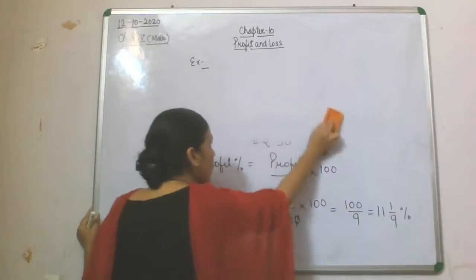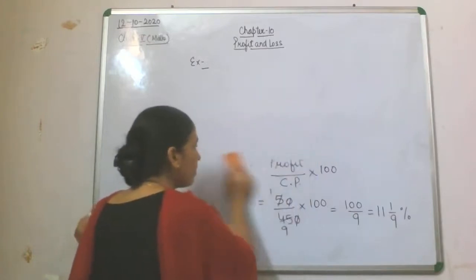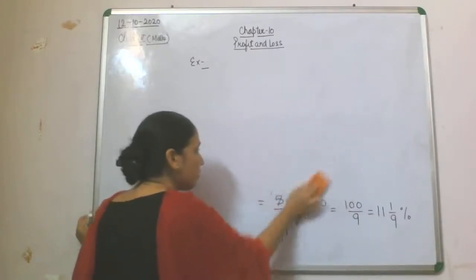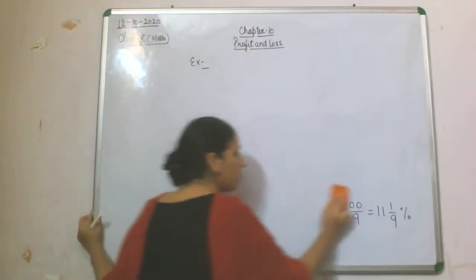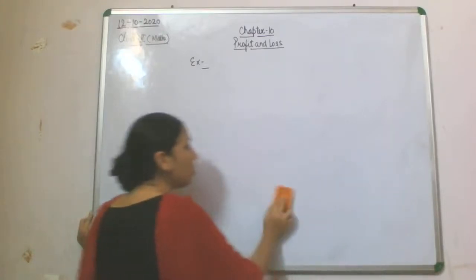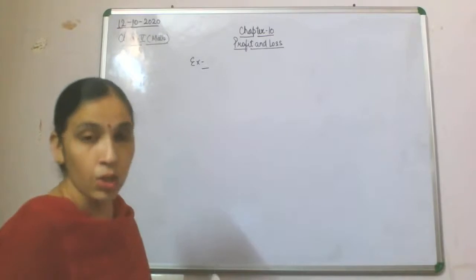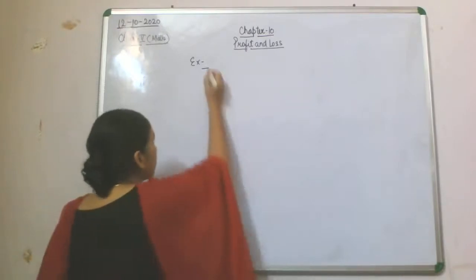Now this example 1 was related to profit percent. The next example is related to loss percent. So let's start with example 2.